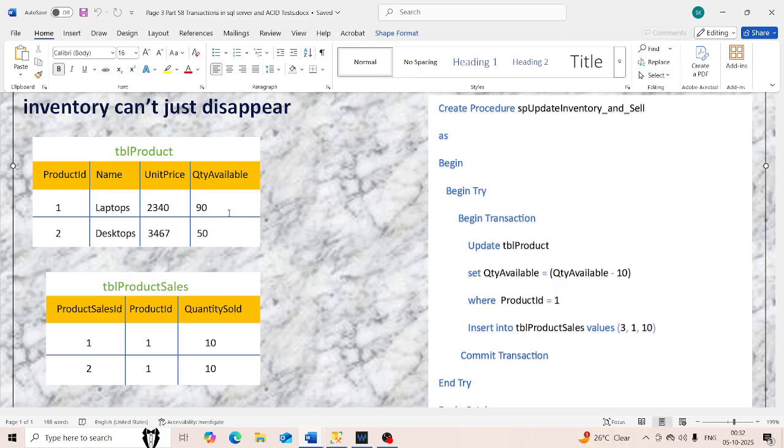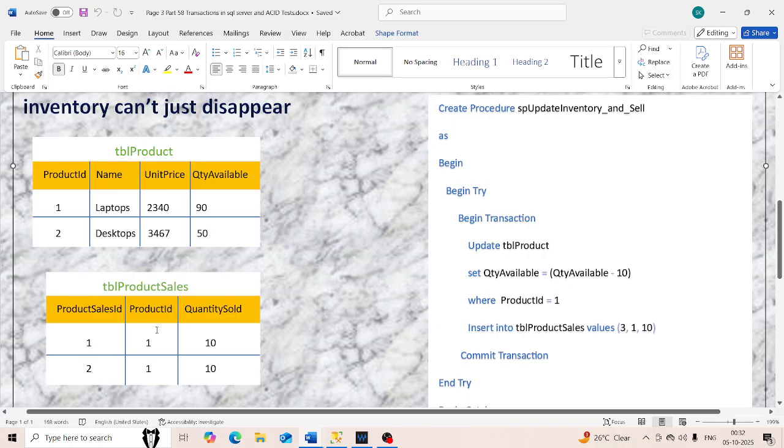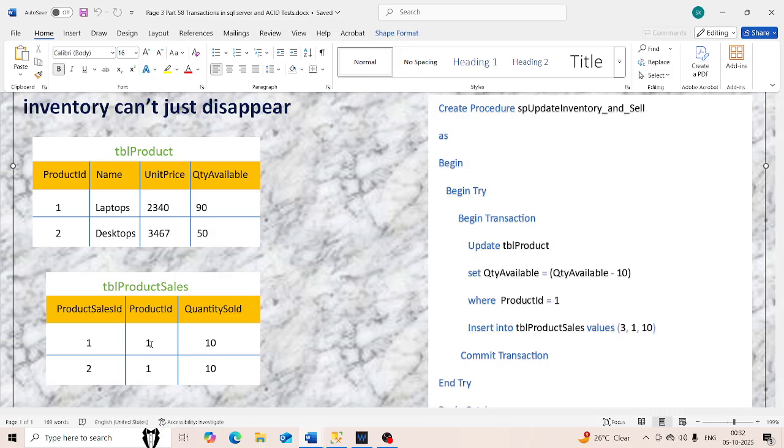And then we also have to make an entry into this tblProductSales table. Product ID is 1, and the quantity I am selling is 10.